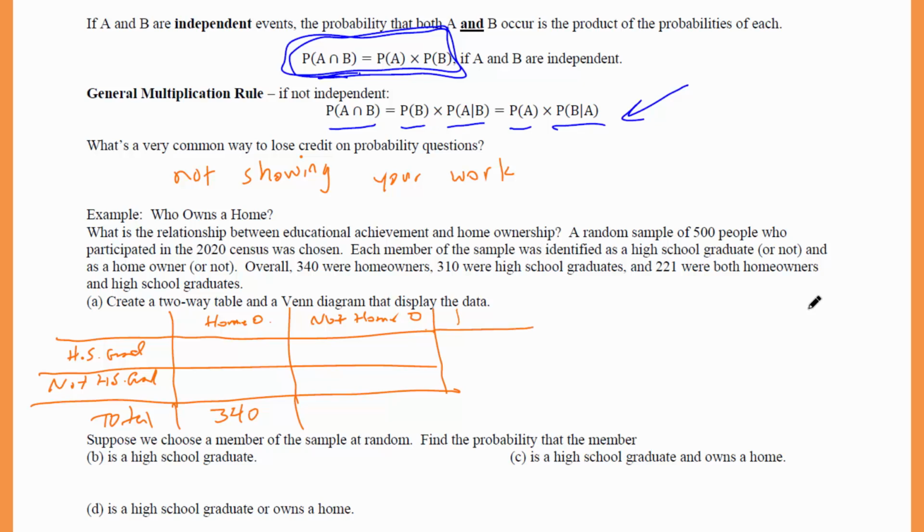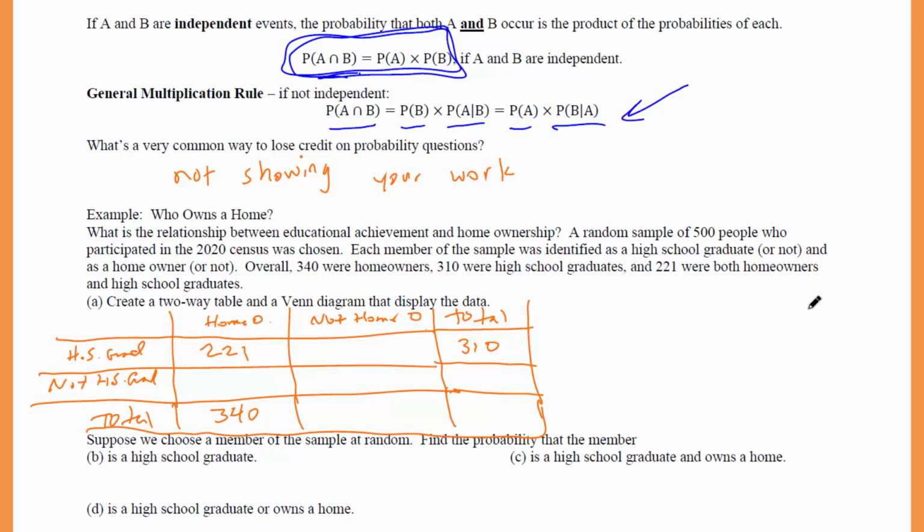That's the total of high school graduates, 310. And then we're told 221 were both homeowners and high school graduates. So that number goes in this first spot of the table. 221 people are both homeowners and high school graduates.